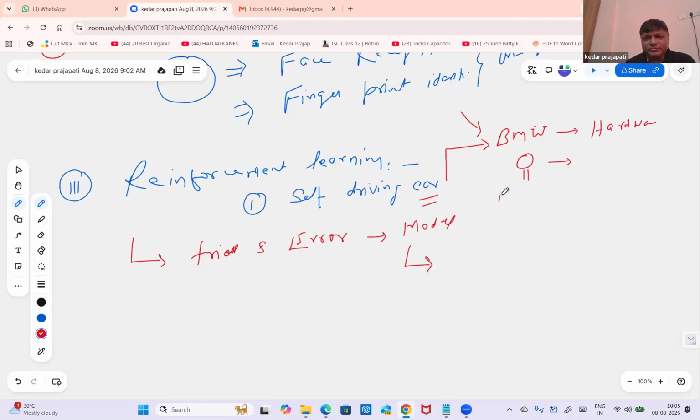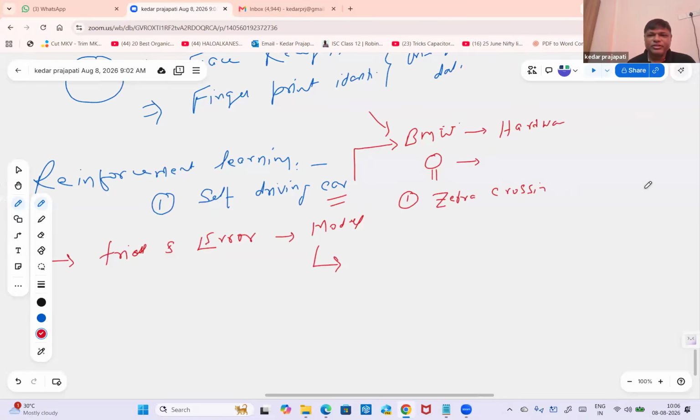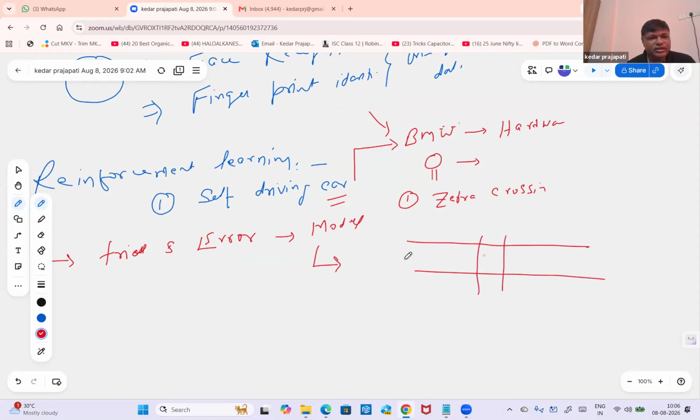When a zebra crossing comes on the main road, in the US and India, it will be white or yellow, meant for pedestrians, for people to walk.